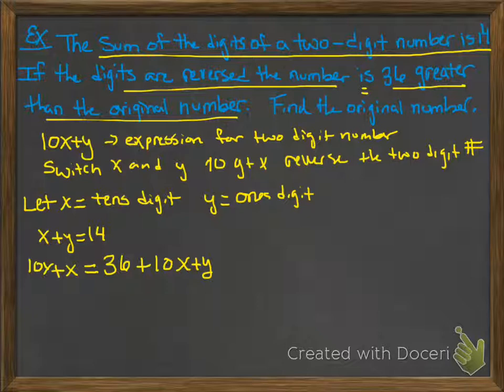Now I need to simplify my second equation here, and I'm going to minus 10x and minus y, and I end up with 9y minus 9x is equal to 36.